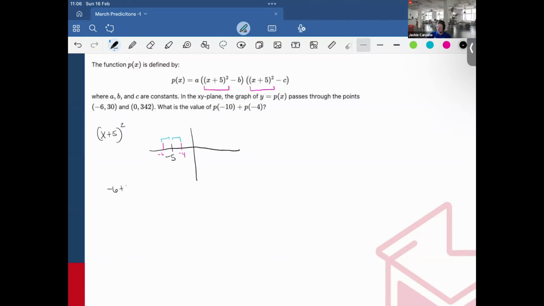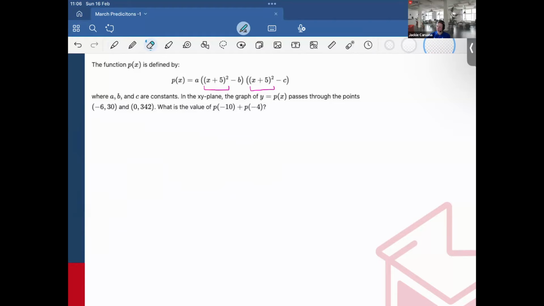If I do negative 6 plus 5 squared, that gives me 1. And if I do negative 4 plus 5 squared, it's equal to 1. So same squared value gives me the same function output, which is super interesting, I think. So now everyone sees that concept.